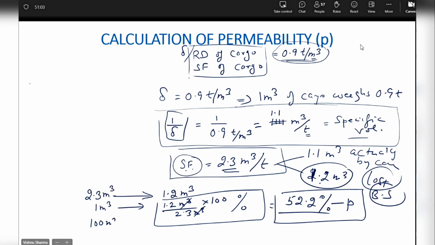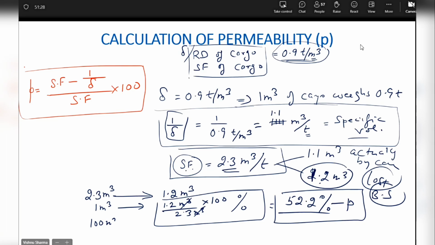So what is permeability? Permeability in percentage will be equal to stowage factor minus 1 upon density or RD, whatever you want to say, divided by stowage factor, multiplied by 100. This is what we have used here. If you see in this formula, 1.2 came as 2.3 minus 1.1.